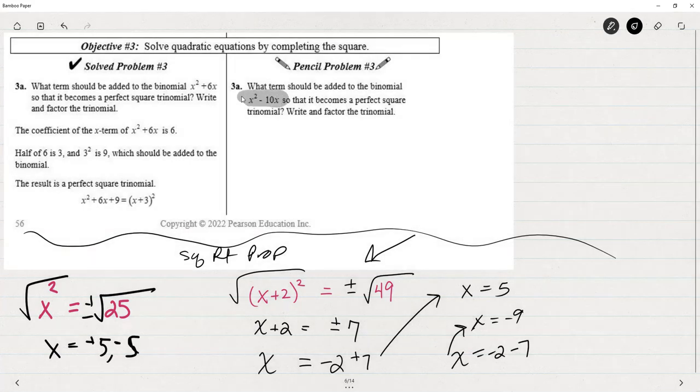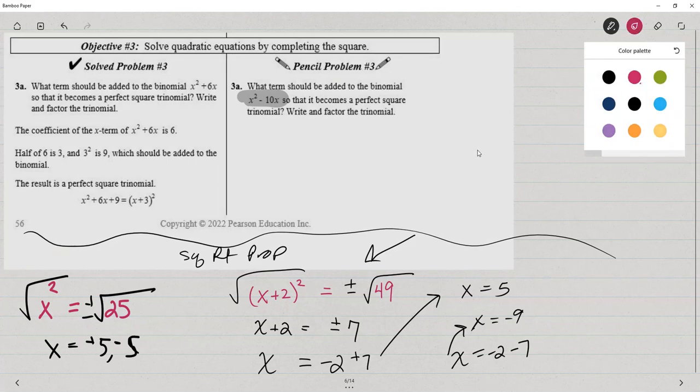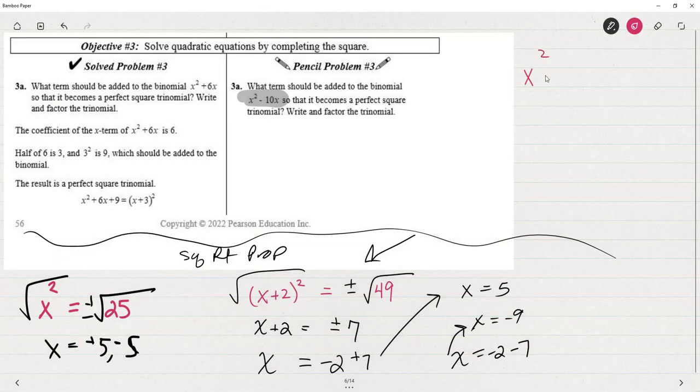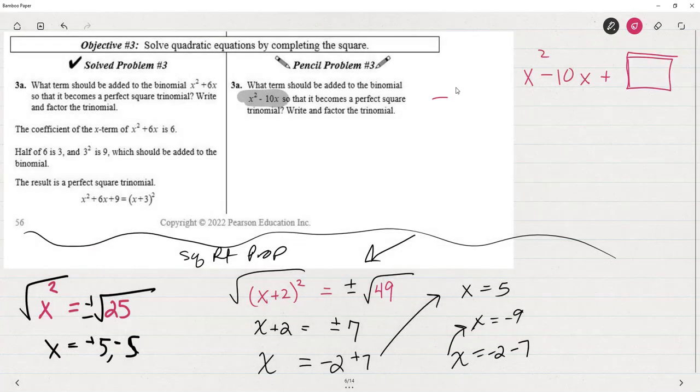So when I look at this x squared minus 10x, I'm thinking through what constant can I add to x squared minus 10x so that I get a perfect square. And here's the magic recipe. I'm going to take that coefficient of x, I'm going to cut it in half. That'd give me -5, and then I'm going to square it.